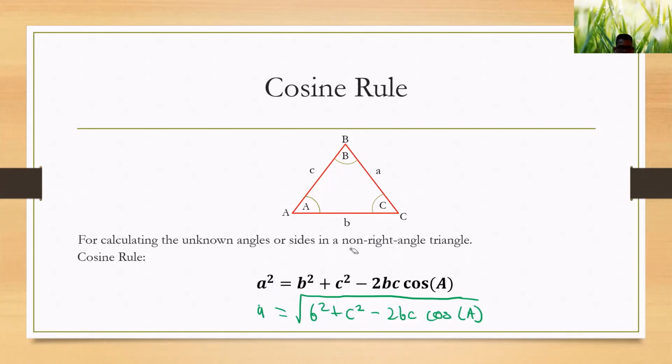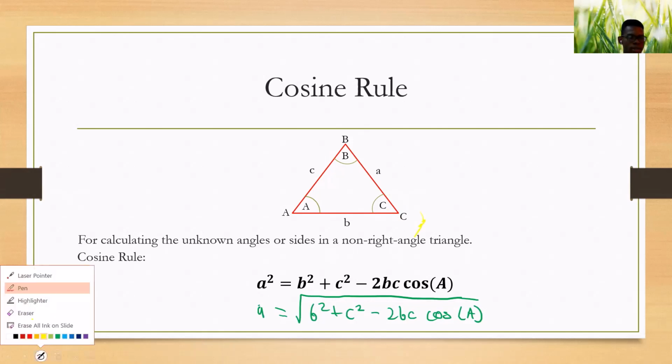But what this formula is trying to say, if we look at this triangle, is that a is the length that we're trying to calculate, right? a is equal to, so that's what we're calculating. So this, where's my cursor? Okay, that's better. Right?